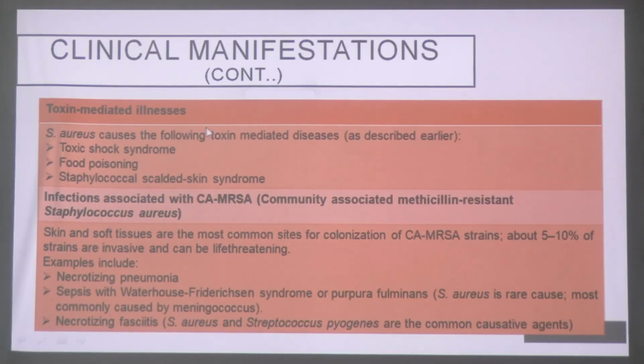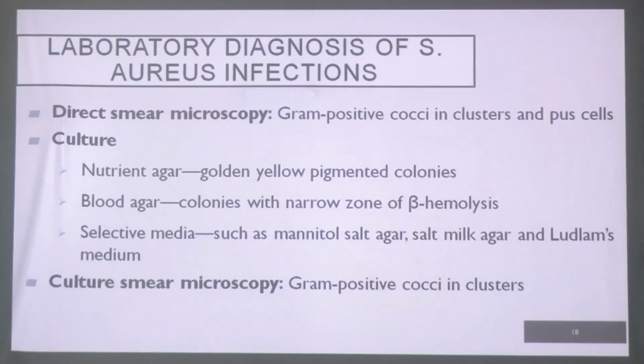These are toxin-mediated illnesses that we studied just now. And CA-MRSA. Which toxin was prominent in CA-MRSA? Leukocidin. What was the name of this toxin? Panton-Valentine toxin.